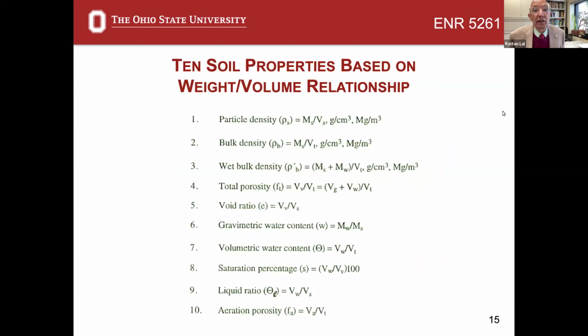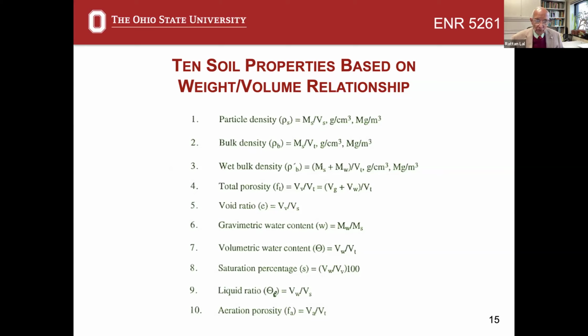Like what's particle density? Symbol rho of S. The equation is mass of solid divided by volume of solid. And the units are either gram per cubic centimeter or megagram per cubic meter. That's particle density. If you change the volume of solid to total volume, V of T, as in equation 2, then it becomes bulk density.